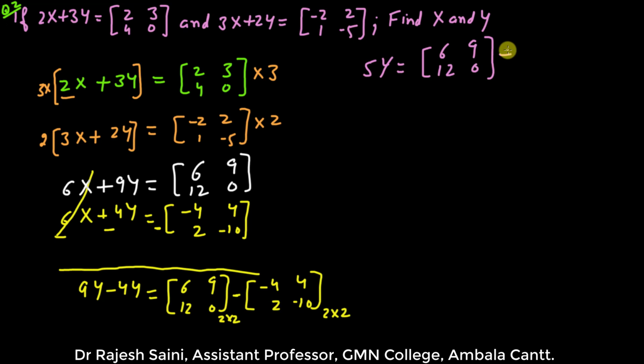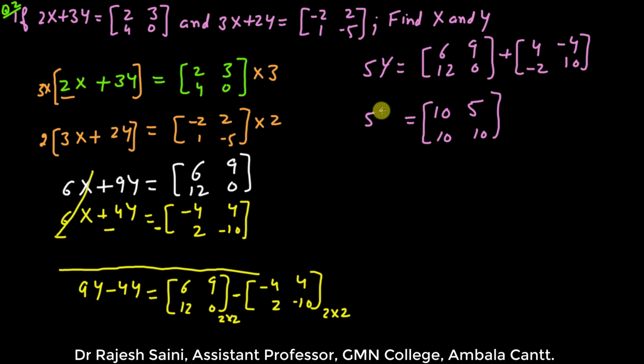So here it will become plus 4, this will be minus 4, this will be minus 2, this will be 10. So this will be 6 plus 4 is nothing but 10. 9 minus 4 is 5. 12 minus 2 is 10. 0 plus 10 is 10.